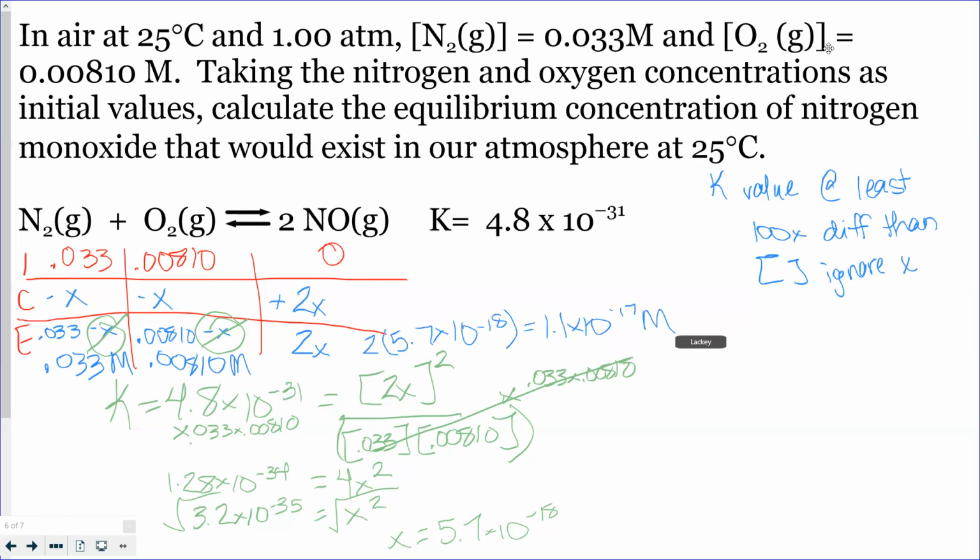So it only wanted that one concentration, but being able to ignore x is going to help us out. So generally, if it's at least 3 decimal places different, ignore x, and that will save you some math, and it will be a little bit easier for you to solve for.